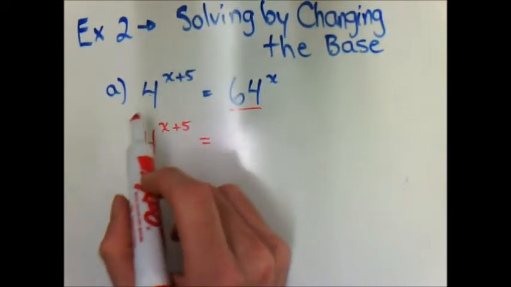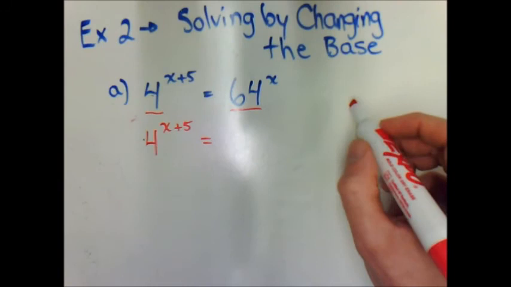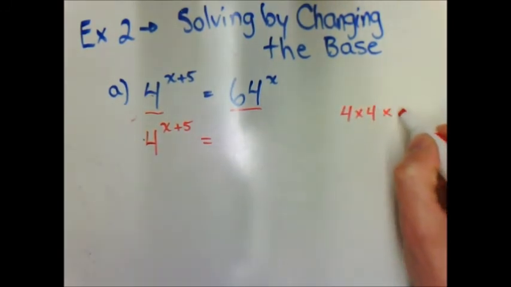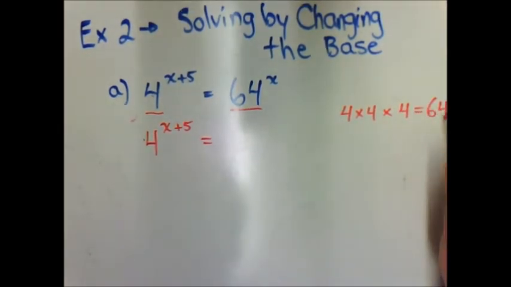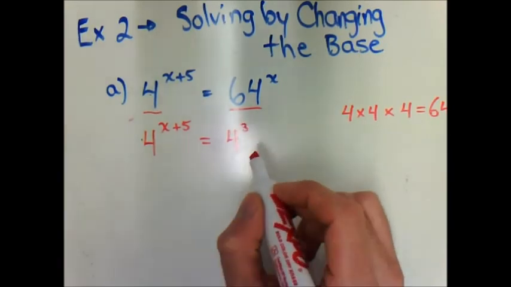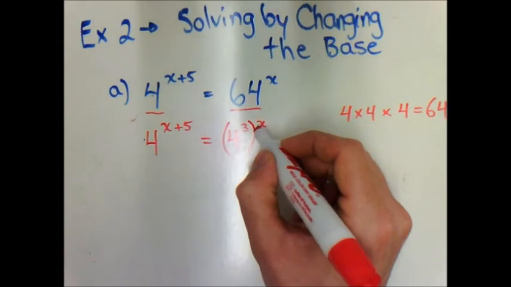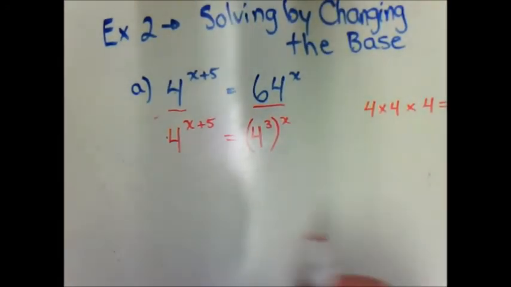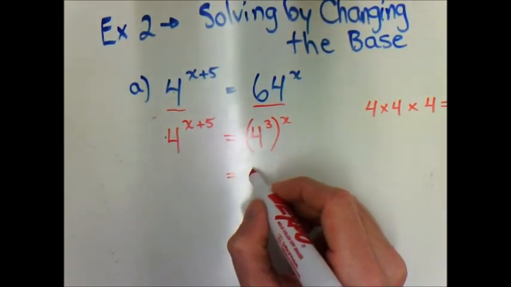Now the hint to this is that I need to be able to see a pattern between the 4 and 64. Turns out that 4 times 4 is 16, and 16 times 4 is 64. So 64 is the same as 4 to the power of 3, and then that is raised to the power of x. Well, I can simplify this right side using my power of power rules.